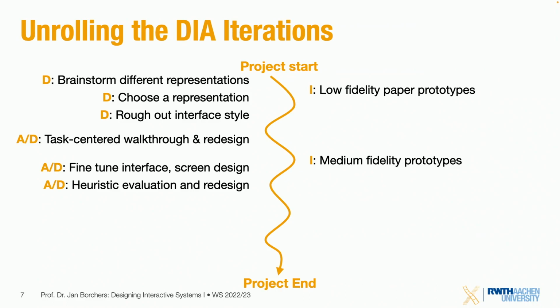So this doesn't belong in an interface that is about teaching, right? So these kinds of things you discover by checking against, for example, common rules of interface design. The results are medium fidelity prototypes.